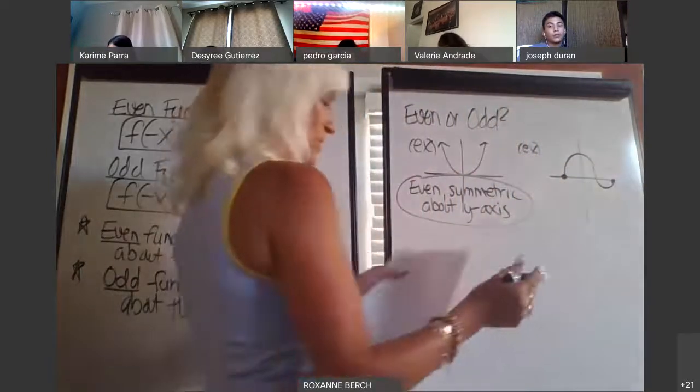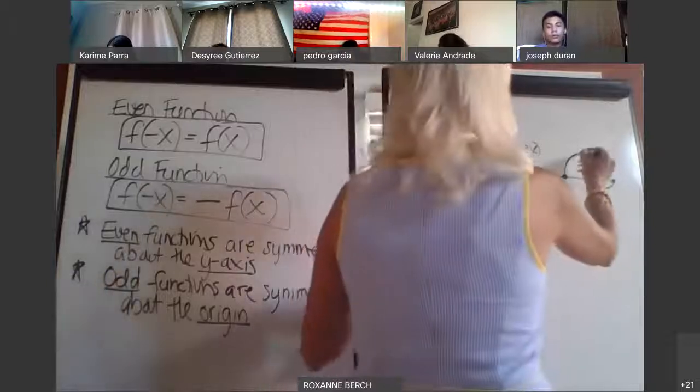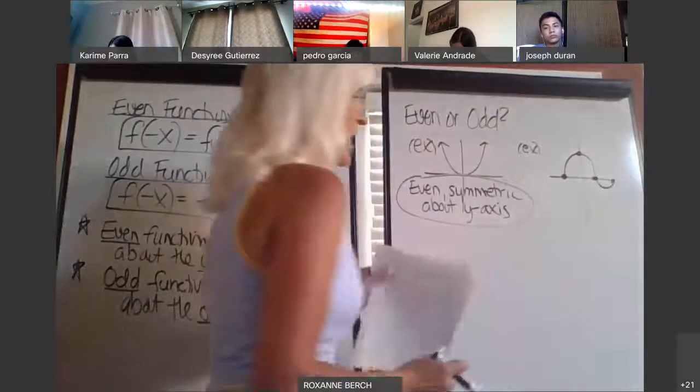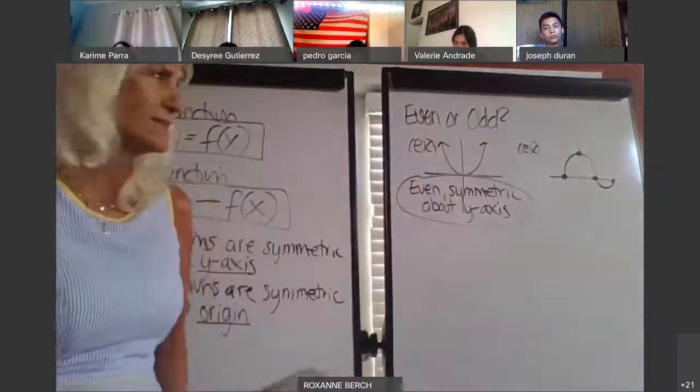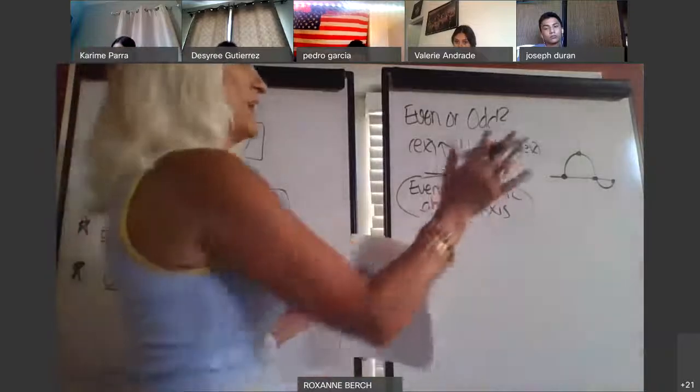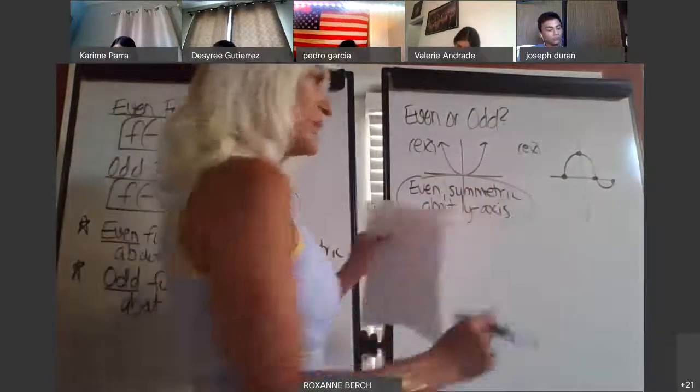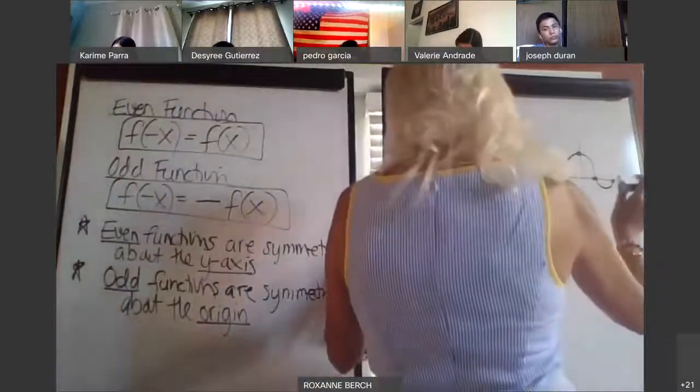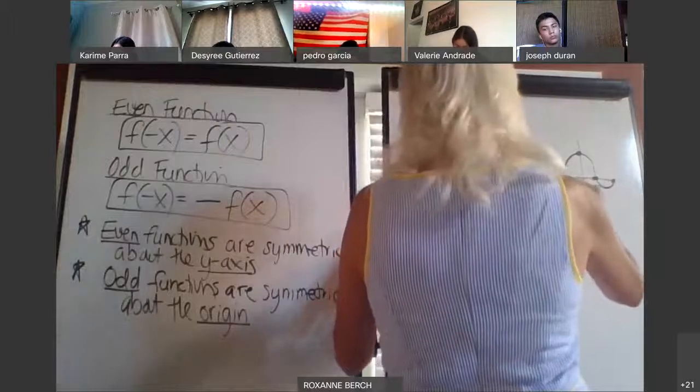Now that's some weird function. We don't even know what this is. But first of all, it's not symmetric about the y-axis, and you don't know anything about origin symmetry, but it's not symmetric to the origin either. This would be neither, no symmetry.